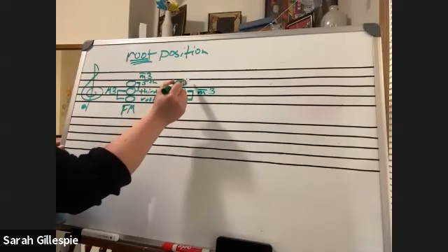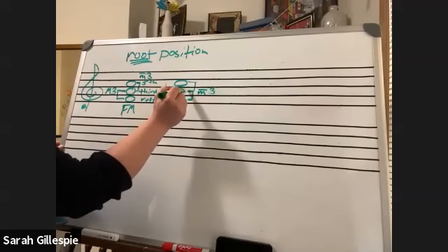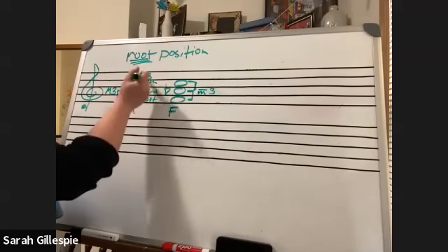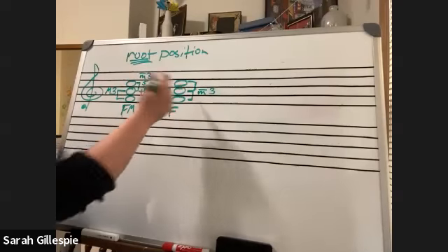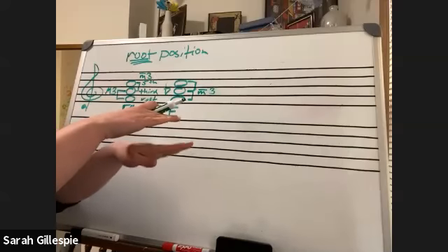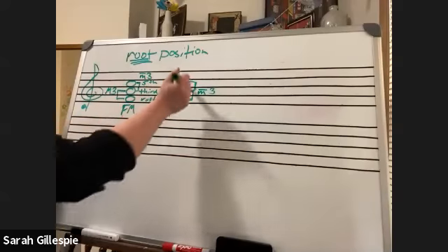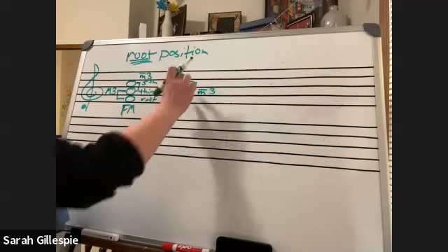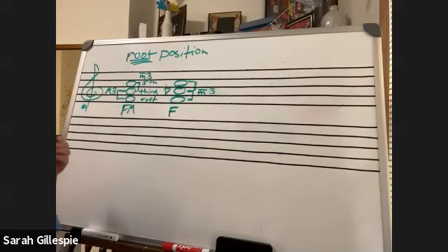Now, looking at this distance here, we knew before we had a minor third, and now that A flat is a little bit lower. So what interval do we have here, Hayden, on the top between A flat and C?